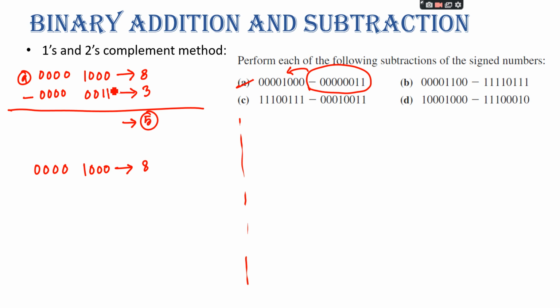And if we take the 2's complement, going from the right, we'll get 1 for the first digit. So 1 will be as it is, and for the rest of the digits we take the complement of this number, right? So the number should be 1111, then 110. That should be your 2's complement of 3, right?